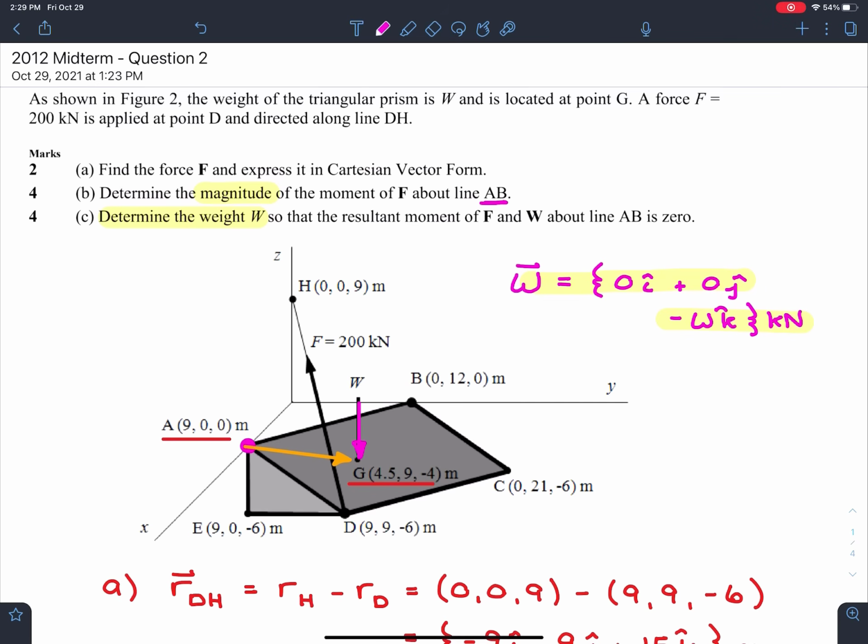That's typically the case when the question gives you a moment and wants a force, or it wants a position, or we have to work backwards. We don't try to divide the cross product, anything like that. It doesn't really work that way. We always have to move forward. So again, the key trick here, and I'll just highlight it one more time in blue, is we just set the unknown as a parameter and we just carry on through.